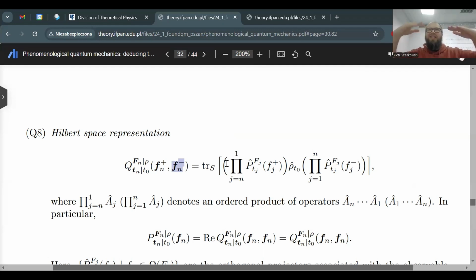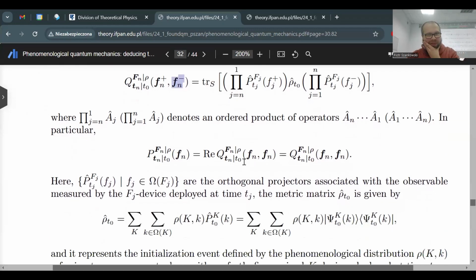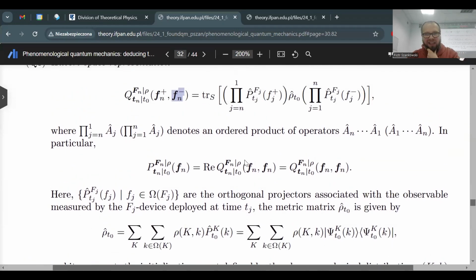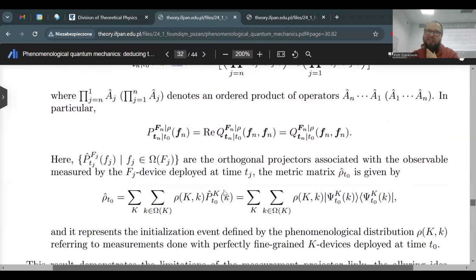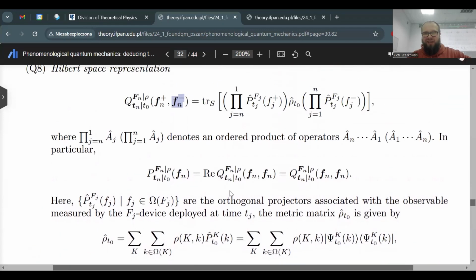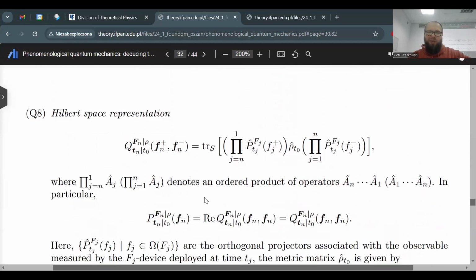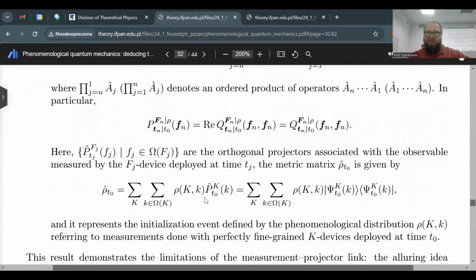If it's diagonal, you return to what we had, and that's the representation. And rho can be represented with projectors as well. This is the full Hilbert space representation for bi-probabilities. We kind of achieved our goal.